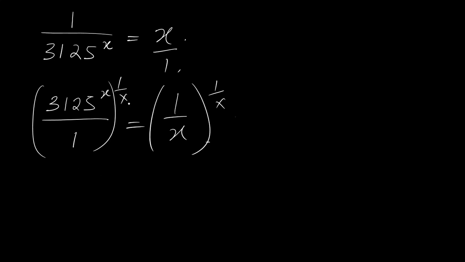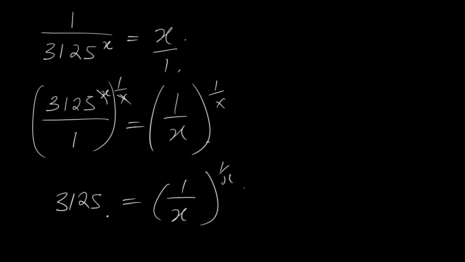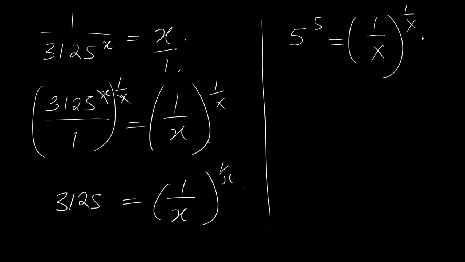Now you have this, we cancel out this, you have 3125 equal to 1 all over x, all raised to 1 all over x. Now 3125 is the same thing as 5 raised to power 5 equal to 1 all over x, all raised to power 1 all over x.